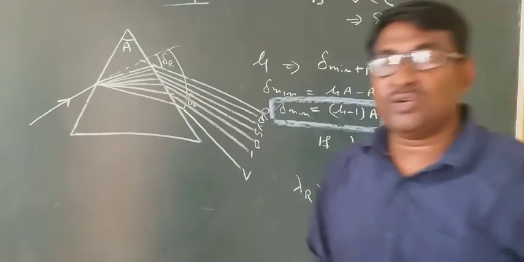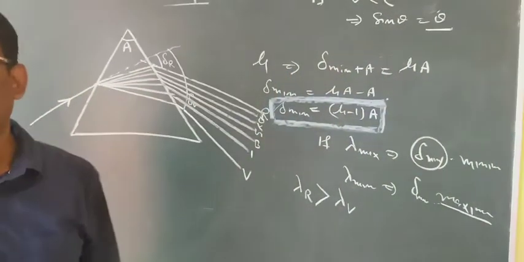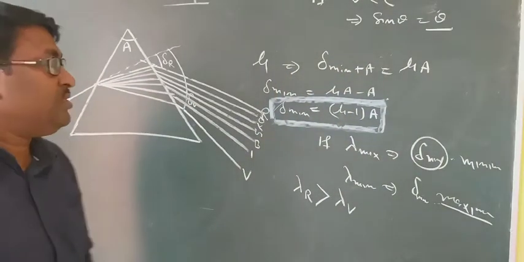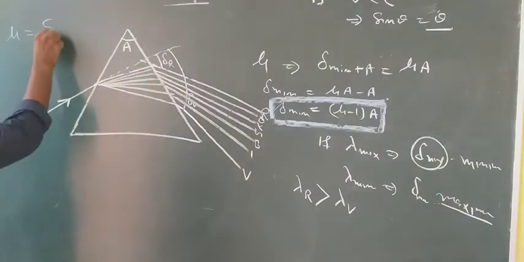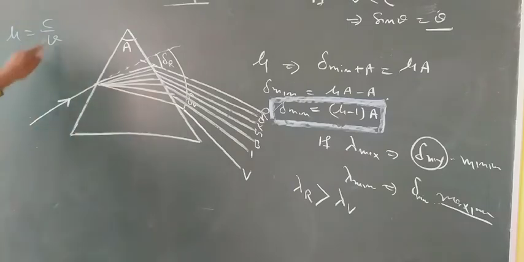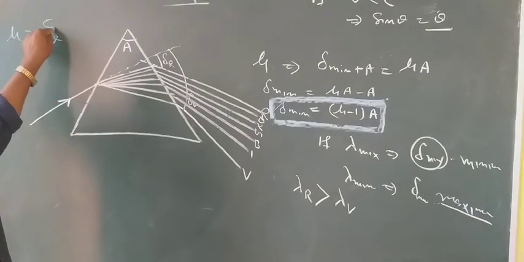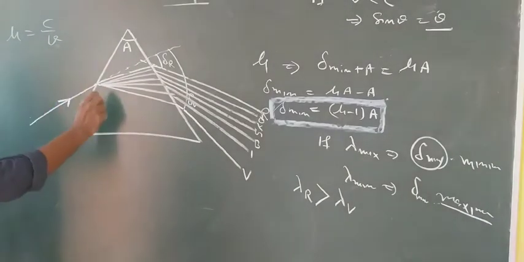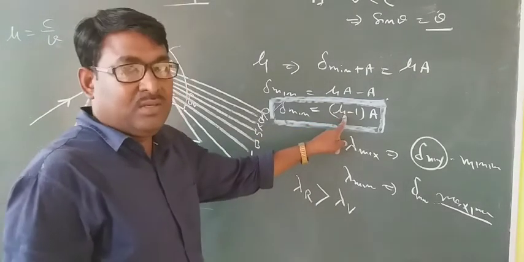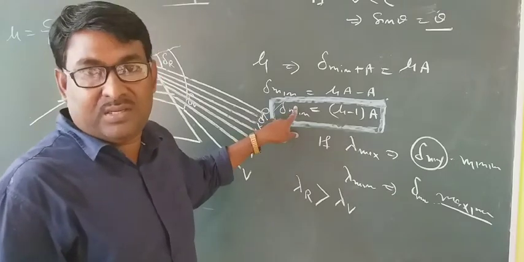And what is the cause of dispersion? Since you know that refractive index mu is equal to c by v, where c is the speed of light in air or vacuum and v is the speed of light in medium, if the speed of light in medium is different, then mu will be different, and if mu is different, the deviation will be different.